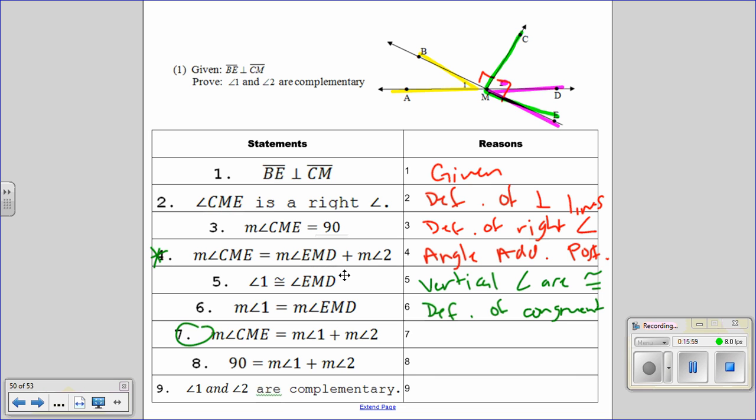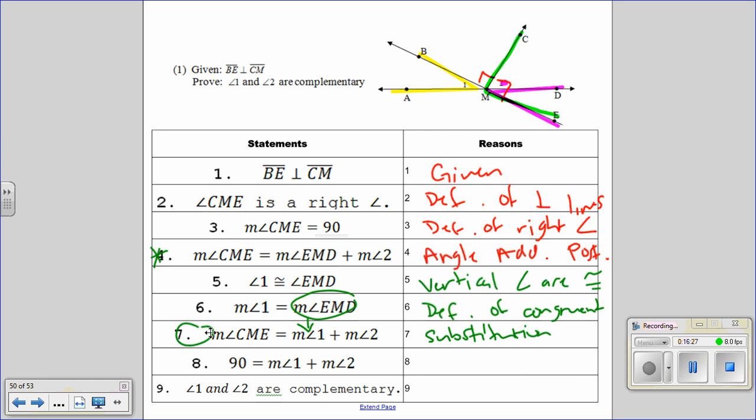Well, that's because EMD and 1 have the same measure, so we replaced EMD with angle 1. Since they have the same measurement, we replaced it. Since we replaced it, that's the substitution method or property.